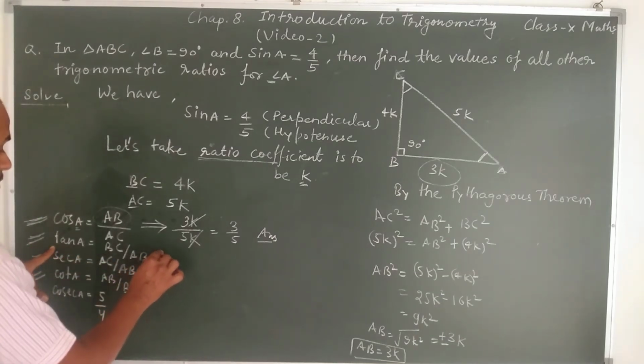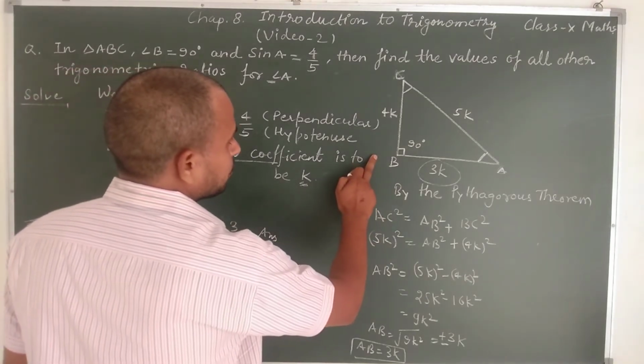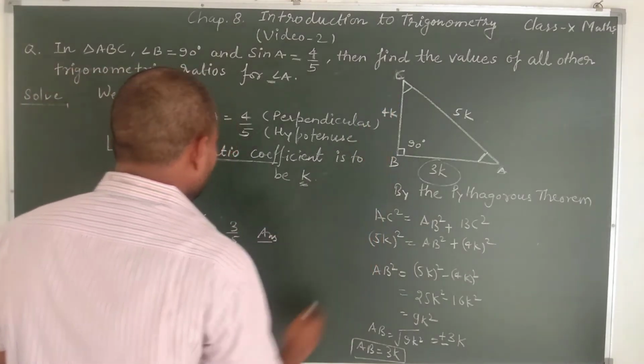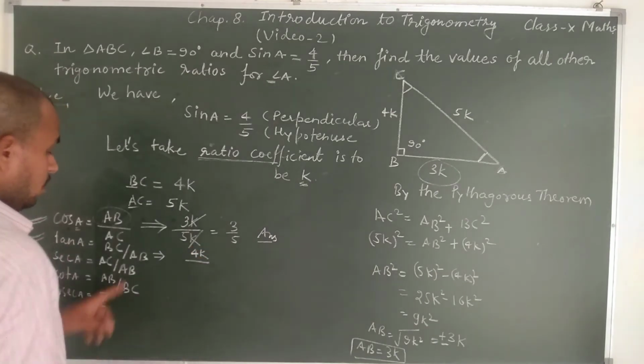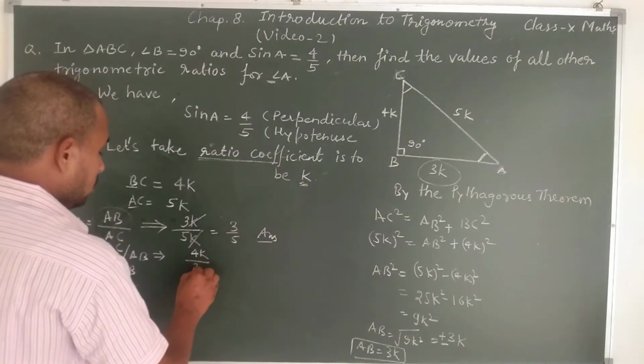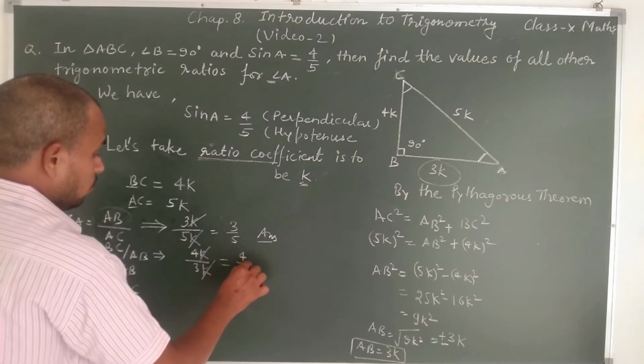Now we find tan A. Tan A is BC upon AB. BC is the perpendicular, that is 4k, upon AB, which is 3k. K cancels out. The answer is 4 upon 3.